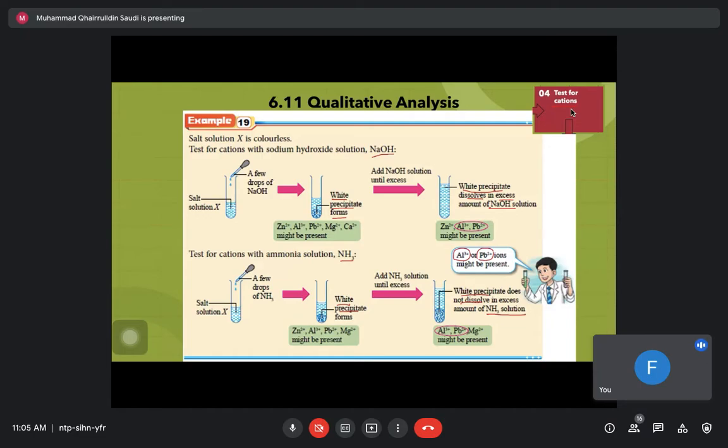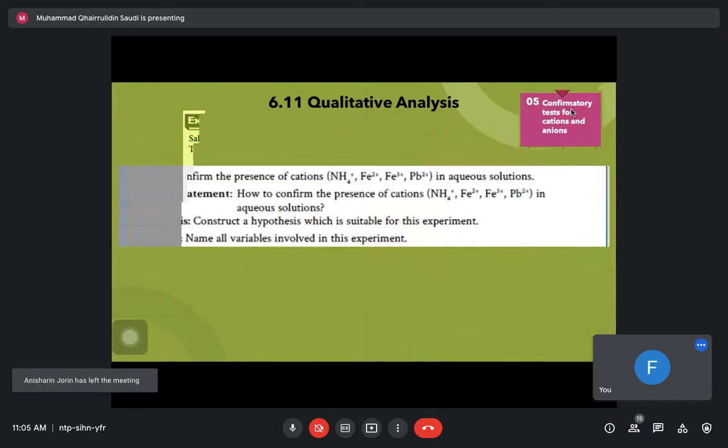So for this case, we need to do an extra test to confirm our cation, whether our salt has aluminium ions or lead ions. So that is what the confirmatory test is used for.